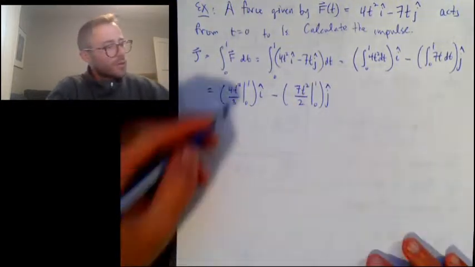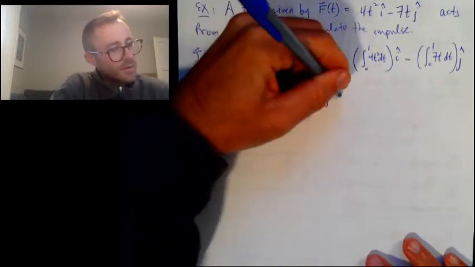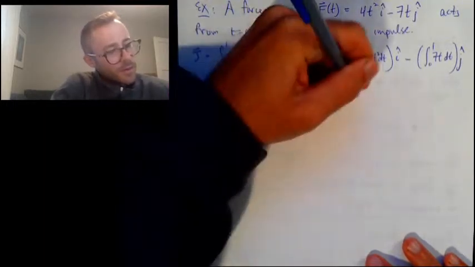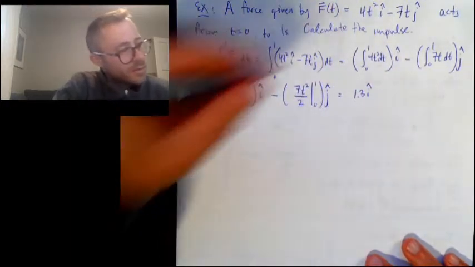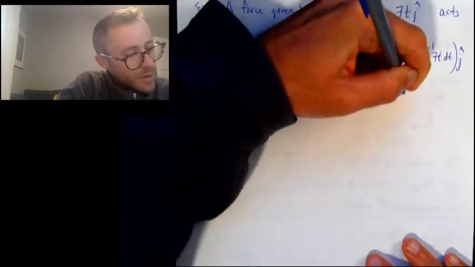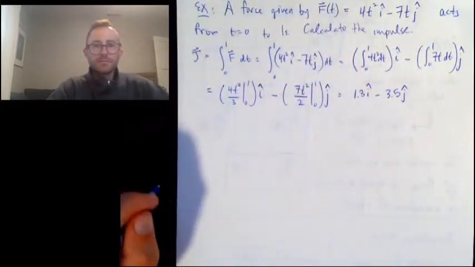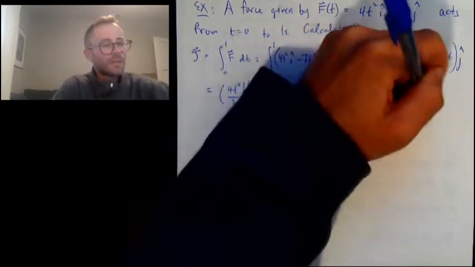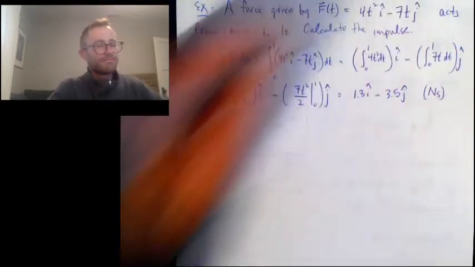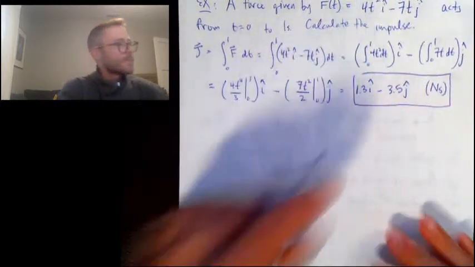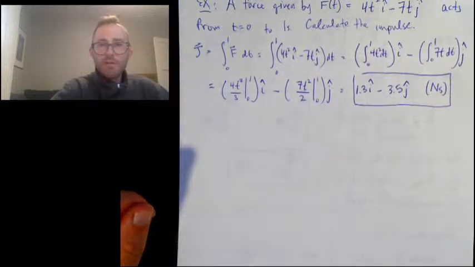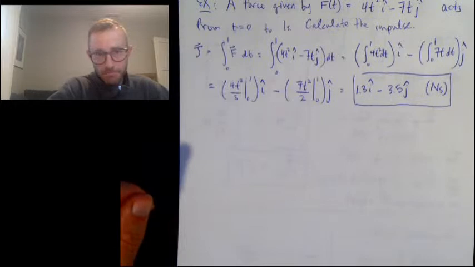So that's going to give me 1.3 i hat minus 3.5 j hat, measured in newton seconds. So that is our answer for the impulse. That's an example of how you integrate a vector.